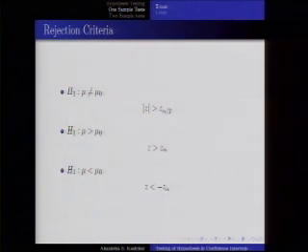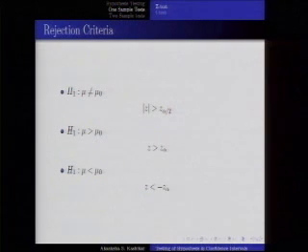So if my test statistic value turns out to be very large, only then can I safely claim that mu is greater than mu naught. And exactly on parallel lines, if I want to test mu equal to mu naught against mu less than mu naught, then I would reject H0, or accept H1, if the value of my test statistic is very small, that is, if Z is less than minus Z alpha.